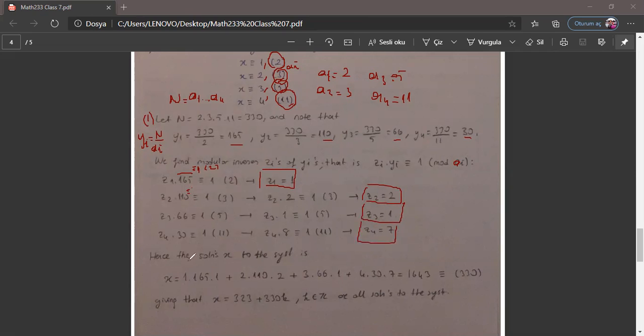Now the solutions of the system are given by this.